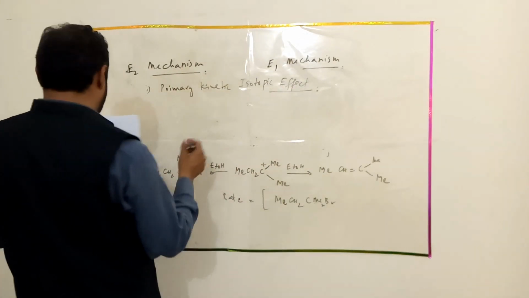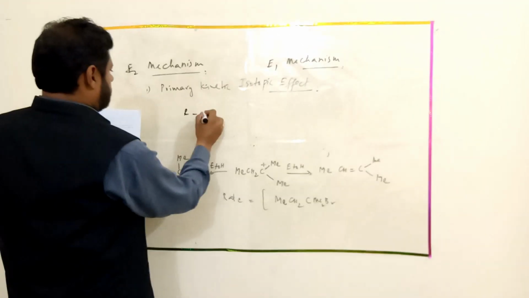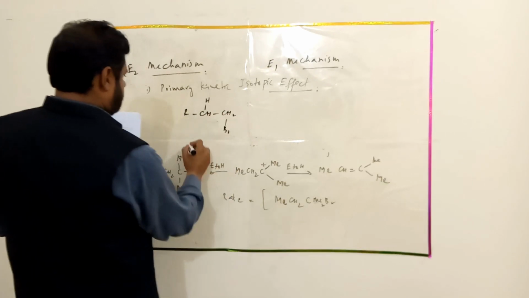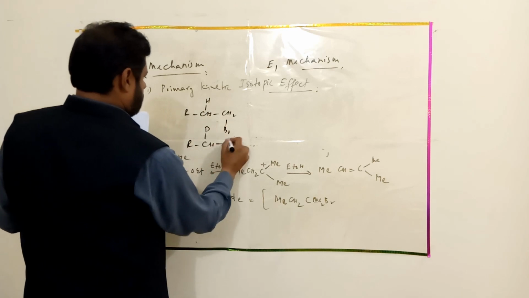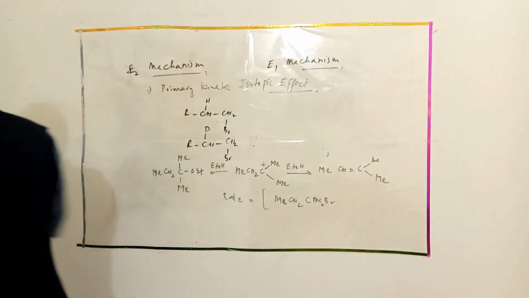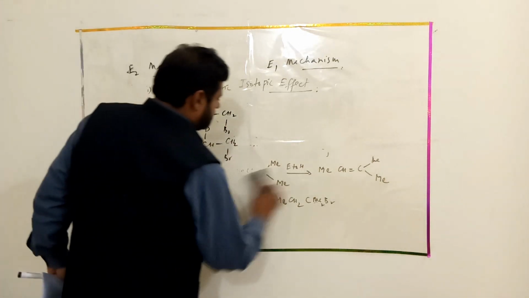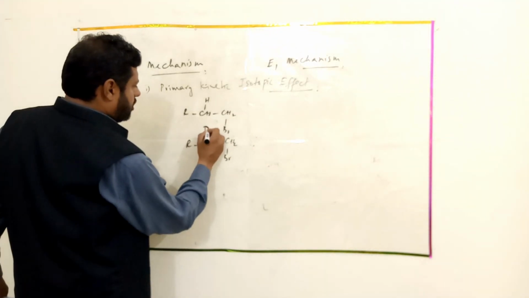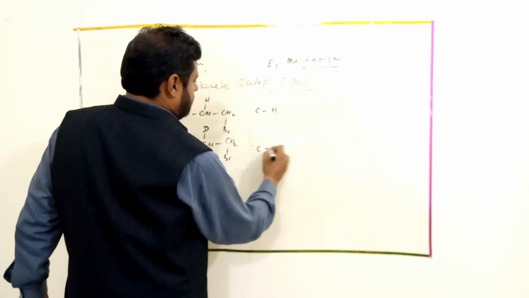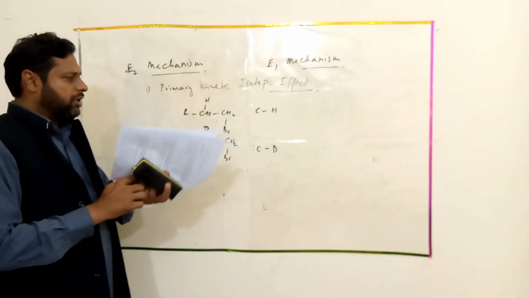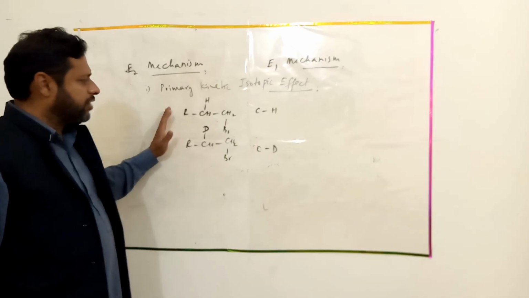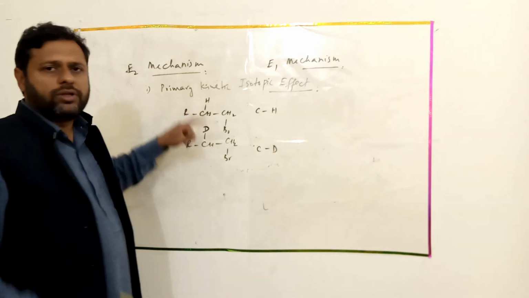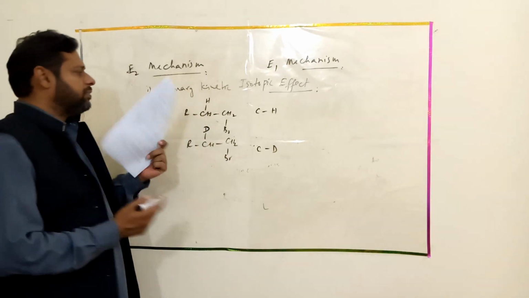In the primary kinetic isotope effect, if you take this reagent, what we are doing is replacing the C-H bond with a C-D bond. So if the reaction takes place and the rate of reaction is similar, it means that this bond is not broken in the rate determining step, and the reaction will be E1.